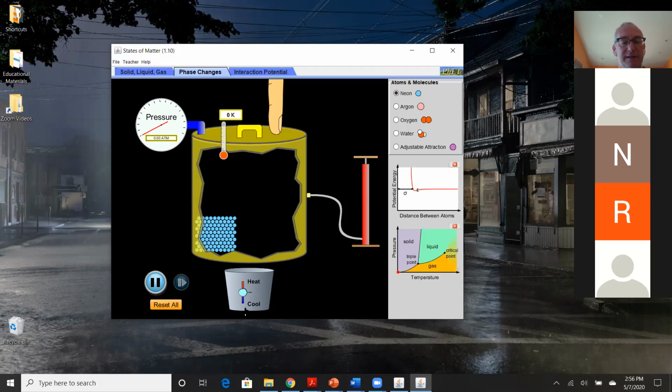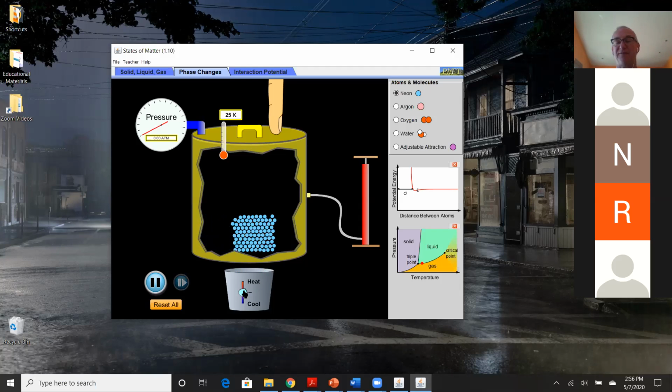So what happens is if we increase the heat a little bit, notice that even at like 8K, the molecules are starting to move. So here, we would have what I'd call a liquid, right? Because they're moving. If I increase the heat a little bit more, now you see them starting to move around.